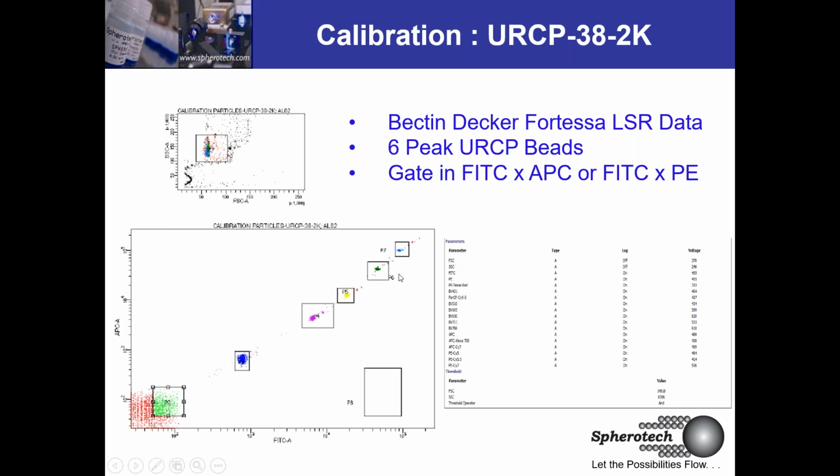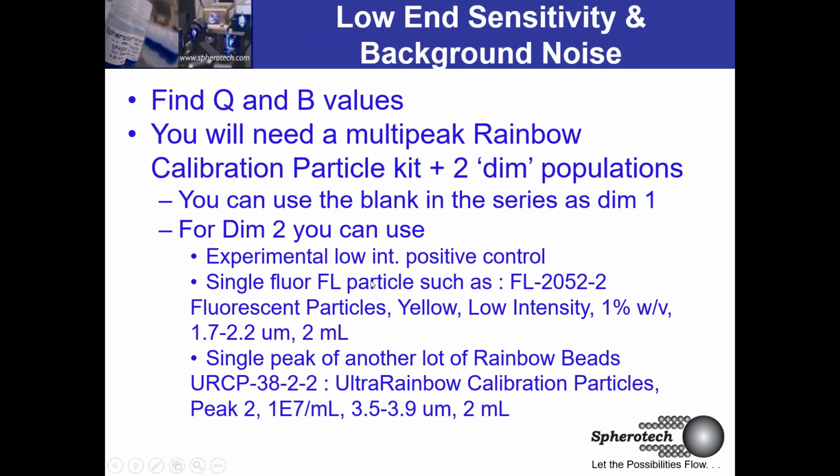We're still going to need that calibration particle, but what we're doing is we're looking down here. We're going to put in some dim peaks to see if this linearity, or rather the vision capabilities, is following the same trend in this very, very low end area of our flow cytometer, right?